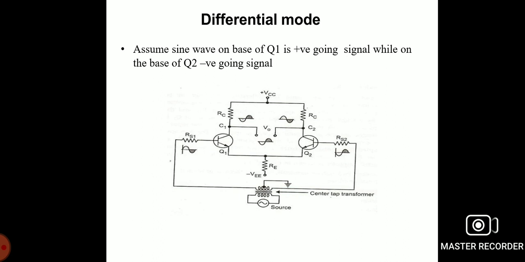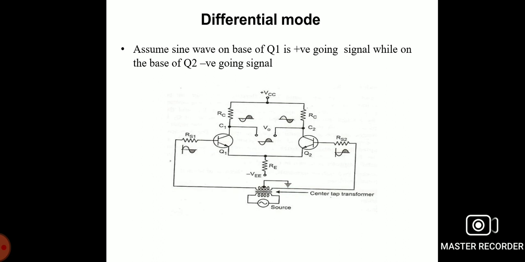The source voltage is the reference voltage, and the supply voltage VCC is applied to the collector resistances of the two transistors, Q1 and Q2. So an amplified negative going signal will appear at the collector of Q1, and an amplified positive going signal will appear at the collector of Q2.